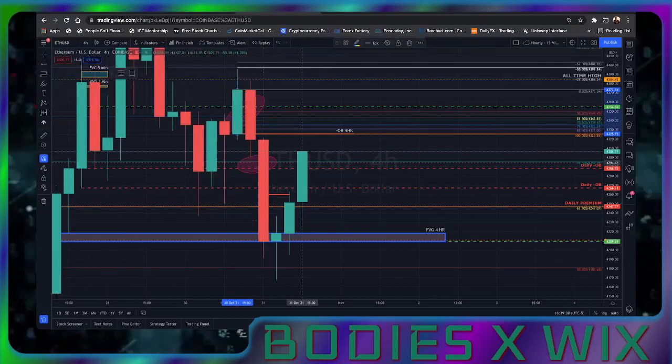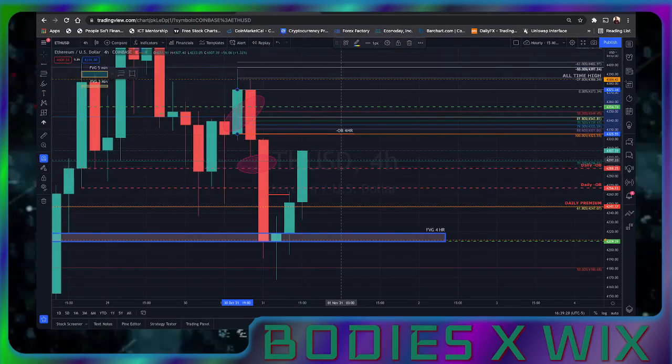Now, since these haven't come up and closed above this yet, even though we were in bullish sentiment, we're pretty much still in bullish sentiment. We haven't really hit bearish sentiment yet, but we are in a bearish trend, I guess you could say.